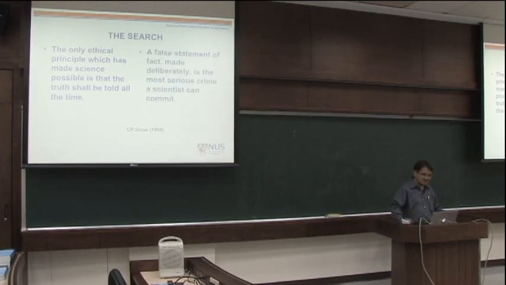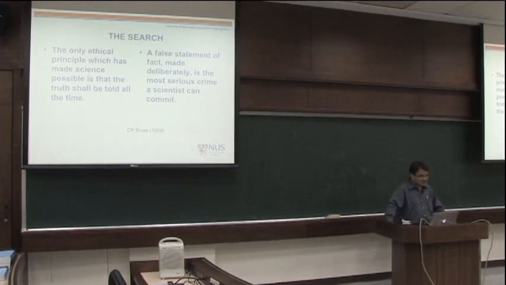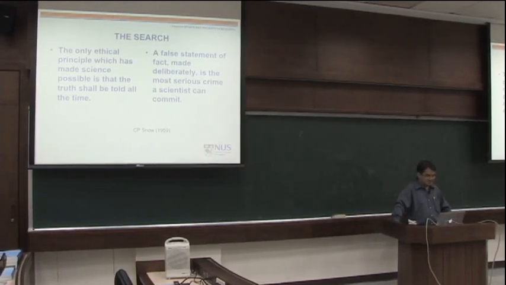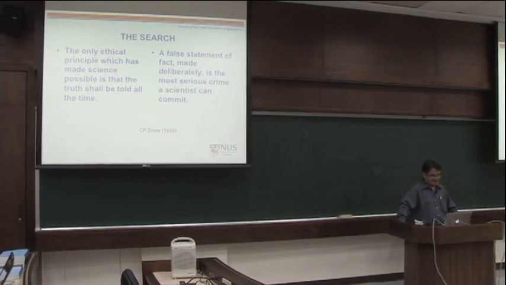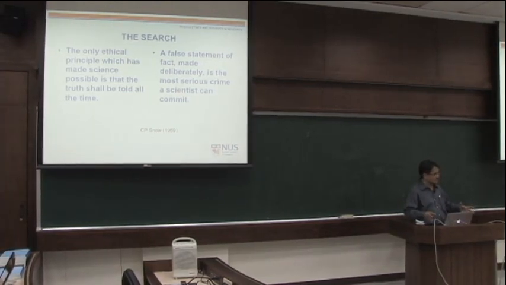And he says further, a false statement of fact made deliberately is the most serious crime that a scientist can commit. So basically the same thing about the need to be truthful.